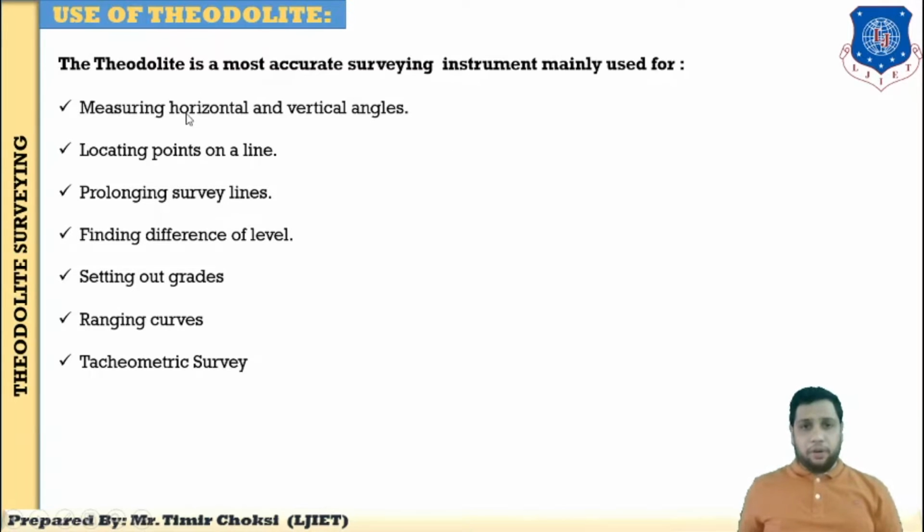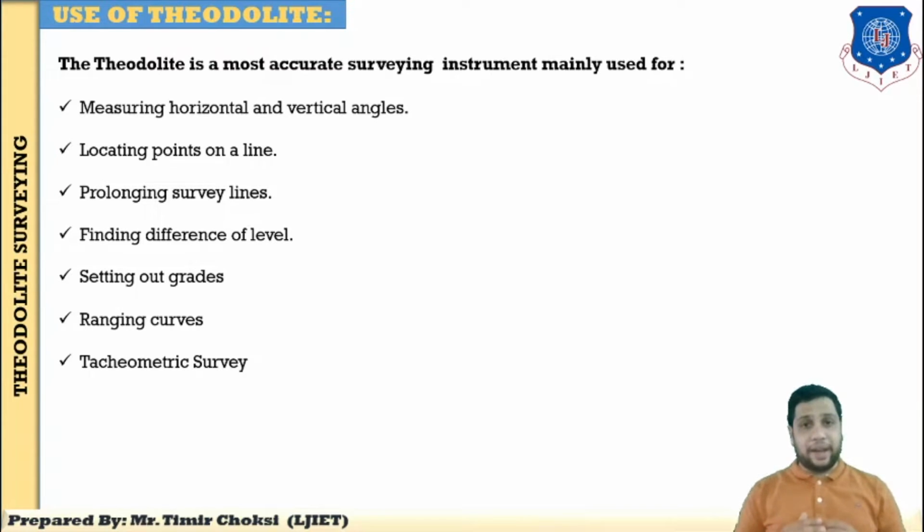Uses of theodolite in surveying: measuring the horizontal and vertical angle, which I have already explained. Locating a point on a line, on a site with a 20 to 25 meter line; the instrument used is the theodolite. Prolonging the survey line, which means extending the line.